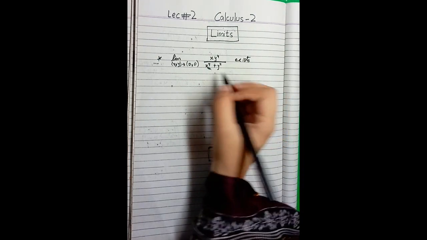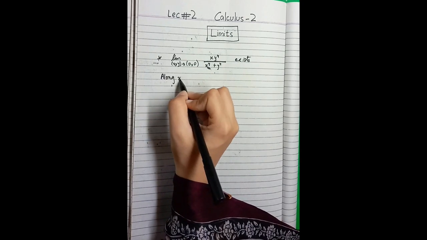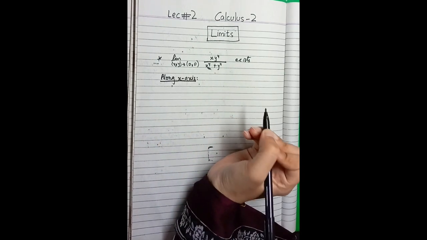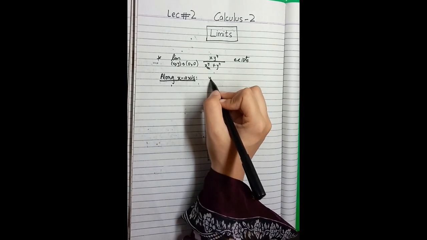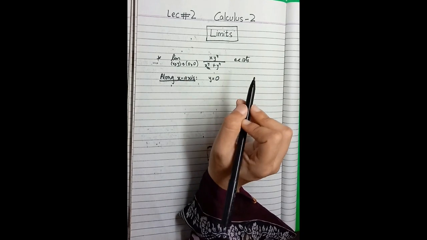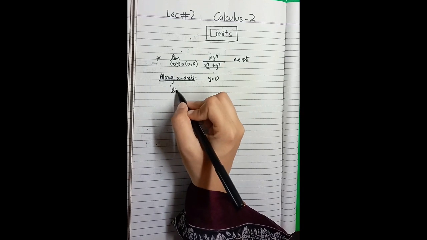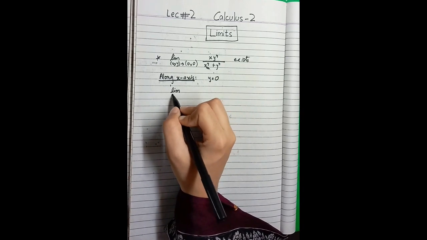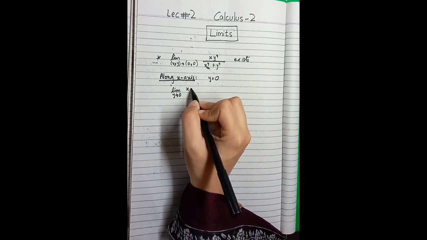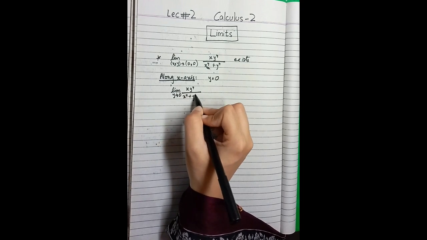So for this, first of all we will see whether this limit exists along the x-axis or not. For this we will take y equal to 0, but in place of x we will keep its value as it is. So we will write it as the limit as y approaches 0 of xy^4 divided by x^4 plus y^4.